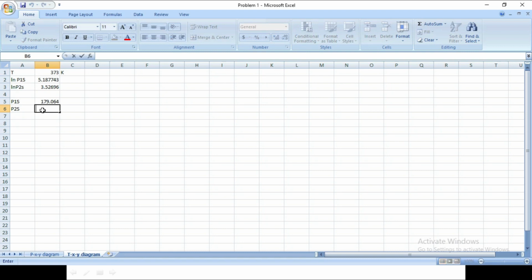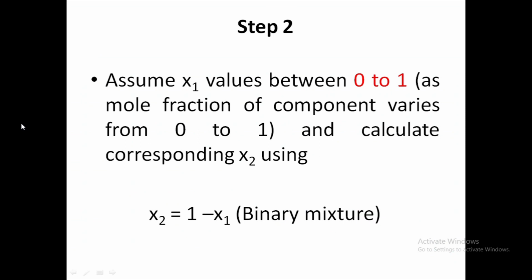P2s is nothing but the exponential of ln P2s. Step number 2. Assume x1 values between 0 and 1, as the mole fraction of the component varies from 0 to 1, and calculate x2 using x2 equal to 1 minus x1, since the given system is a binary mixture.